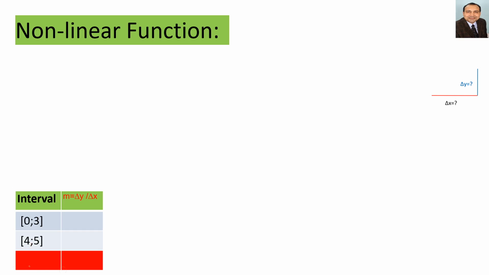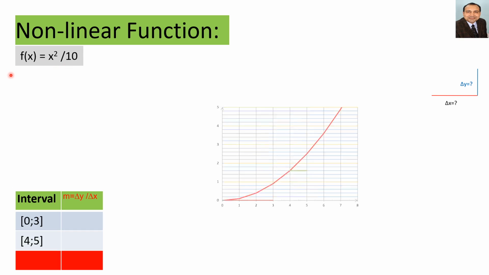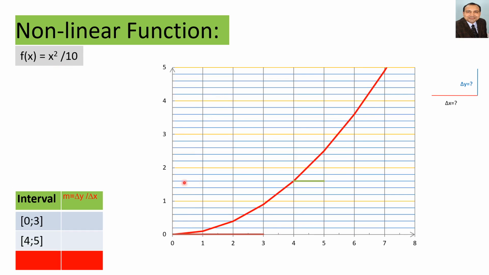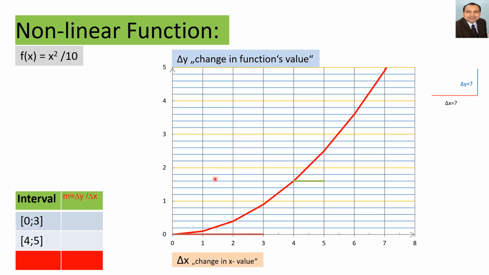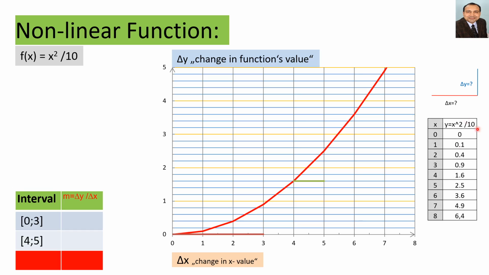This is a nonlinear function, f of x equal to x squared divided by 10, the same thing. So you have the graph, change in y, difference in y, difference in x, the change in the function's value over the change in x value. This table you have already.